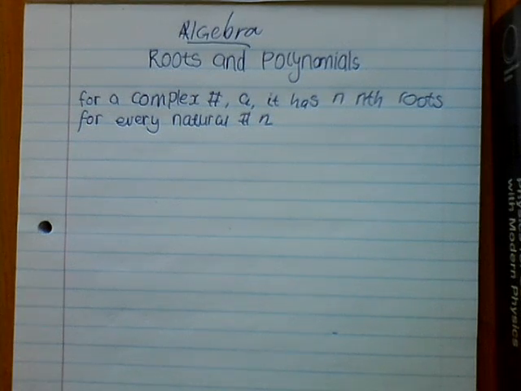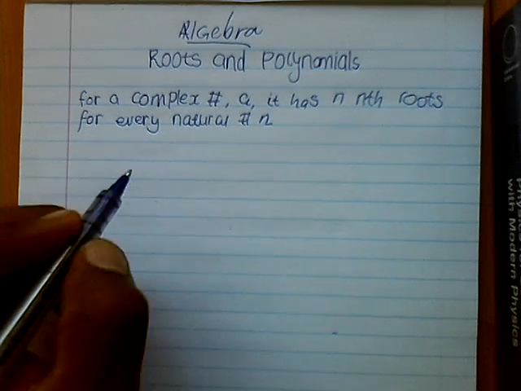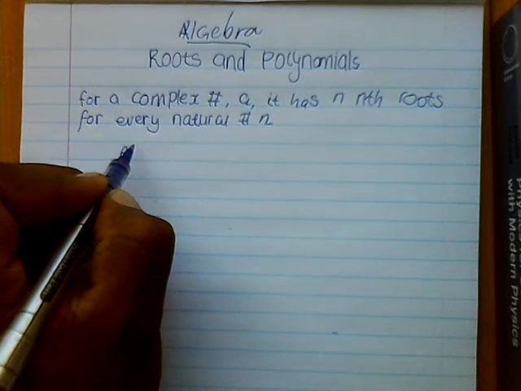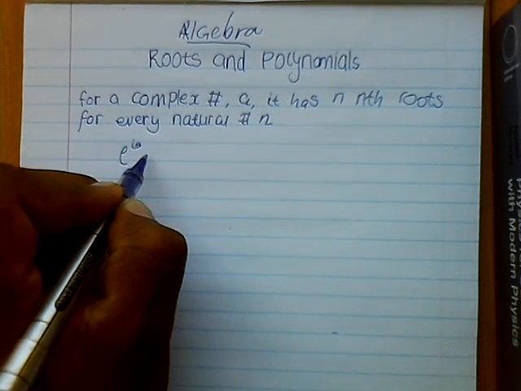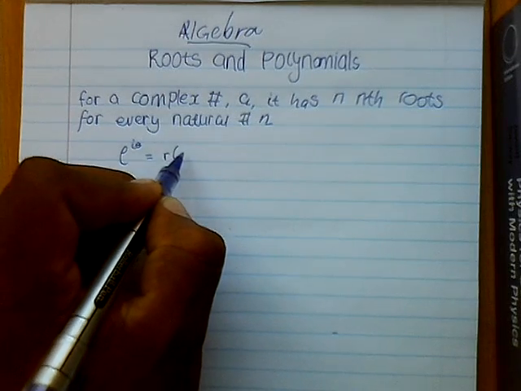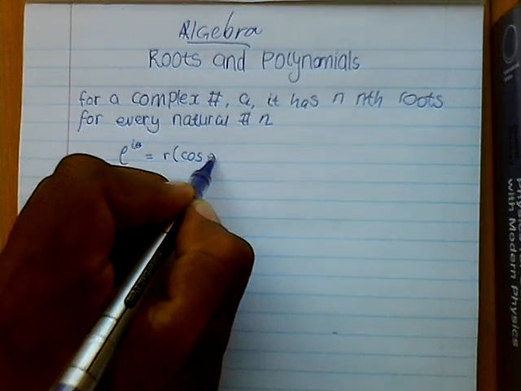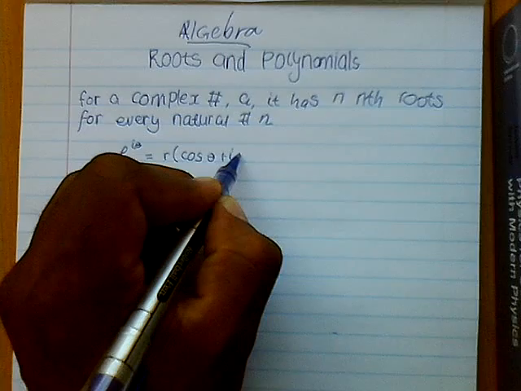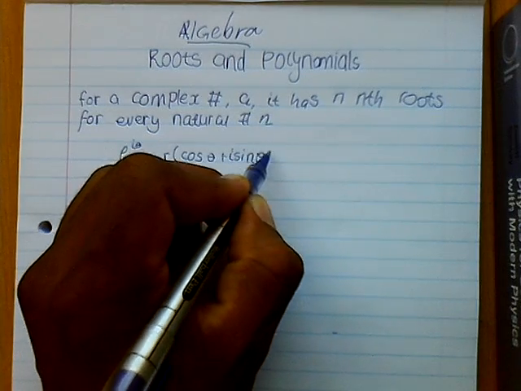Remember from when we were studying Euler's formula, we said that e to the power of i theta is the same as cos theta plus i sine theta.